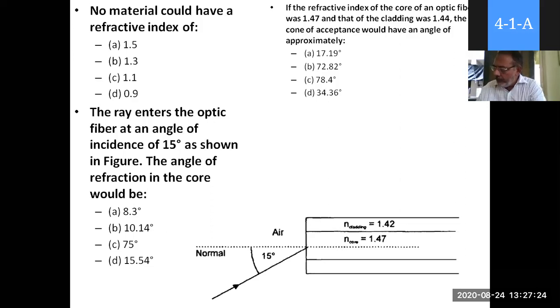We have to do it. Or simply theta A is equal to sine inverse of the numerical aperture. So from that we can do this problem.